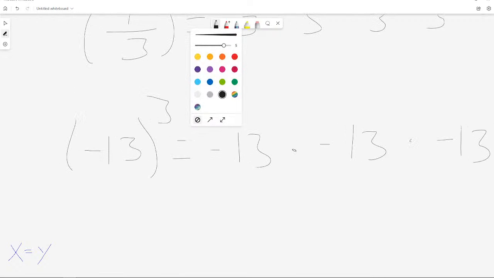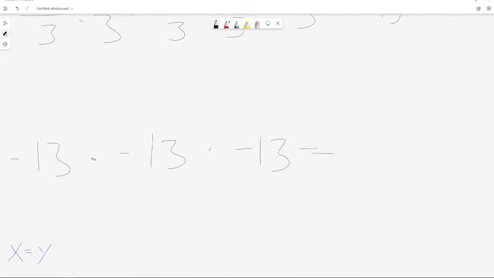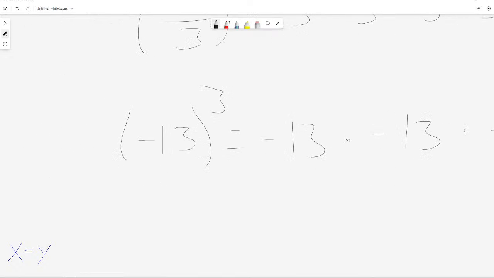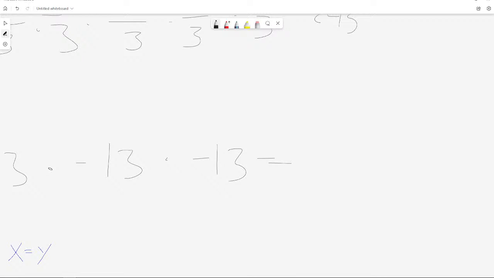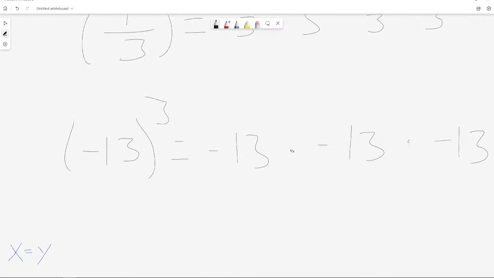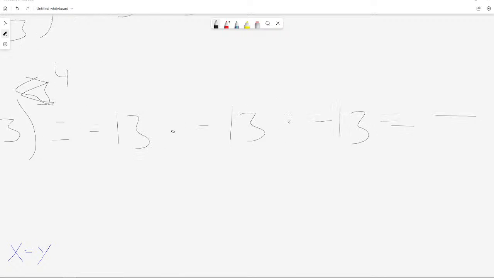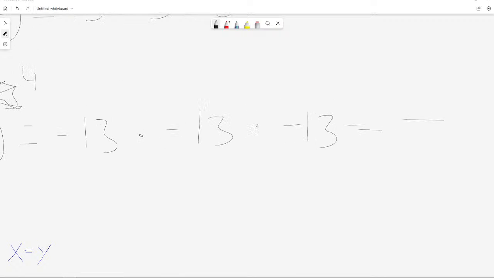Because you have an odd number as an exponent with a negative base, your answer will be negative. If it's an even number, let's say this was 4, you had another negative 13, now your answer would be positive.